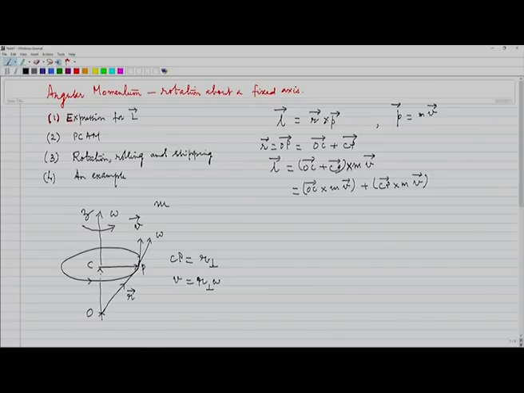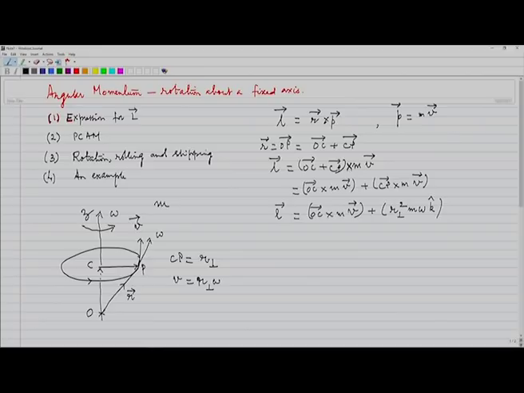Therefore, I can now write L is equal to OC crossed with m V, plus R perpendicular squared times m times omega. What is the direction? That is the K direction, unit vector K along this.